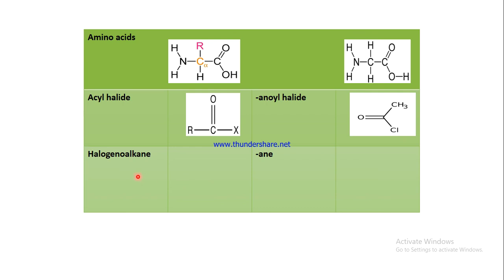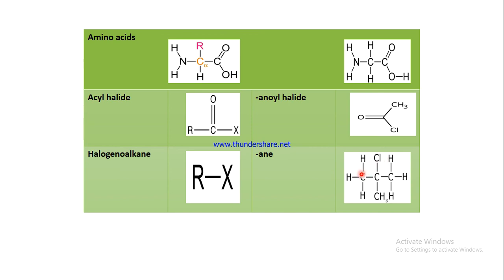Then our next homologous series becomes our halogenoalkanes. These are quite simple, where we've got the hydrocarbon chain, which is an alkane bonded to a halogen. This X denotes halogen, fluorine, chlorine, and bromine, and automatically this functional group has got a suffix of ane.